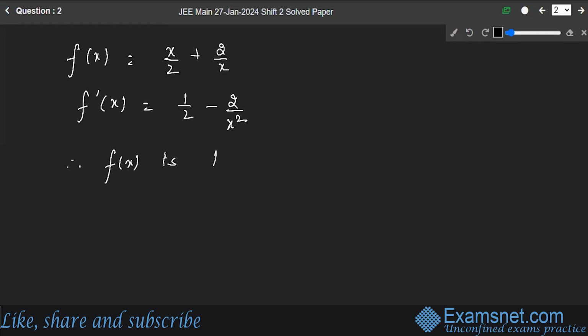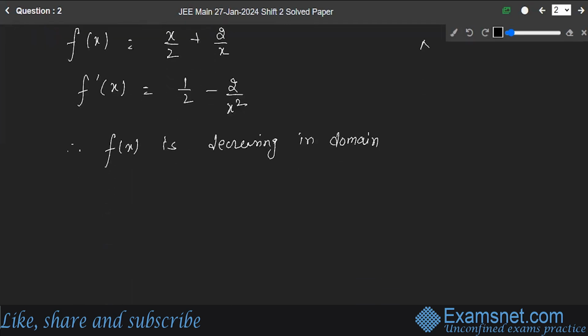These types of sums, if you take them in a graph, take less time and are easy to do. So fx is a decreasing function in the domain like this. If I'm taking x is equal to 0, it will never touch this line because that will mean infinity, and you have this function.